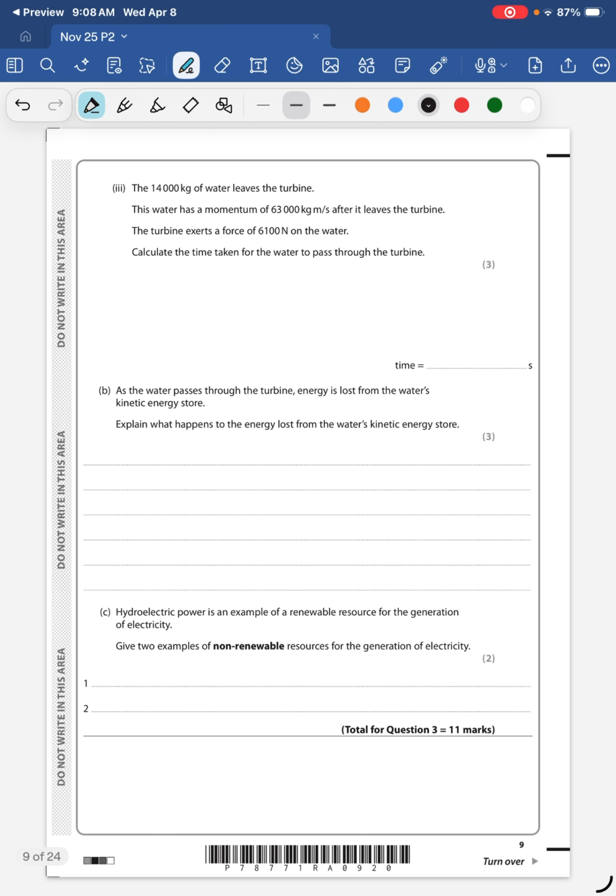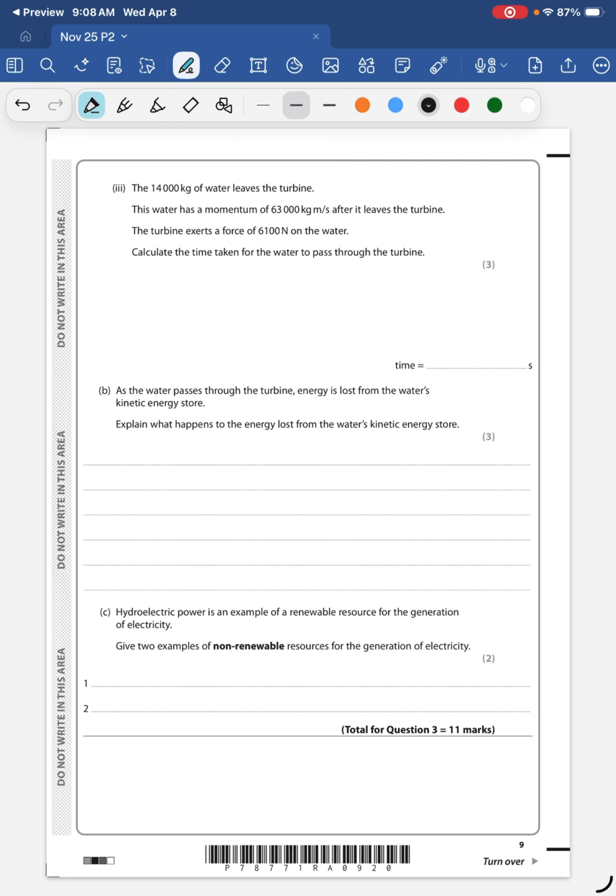Part 3. The 14,000 kilograms of water leaves the turbine. This water has a momentum of 63,000 kilograms times meters per second after it leaves the turbine. The turbine exerts a force of 6,100 newtons on the water. Calculate the time taken for the water to pass through the turbine.